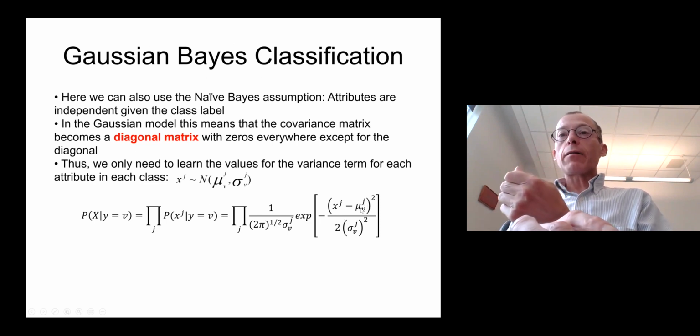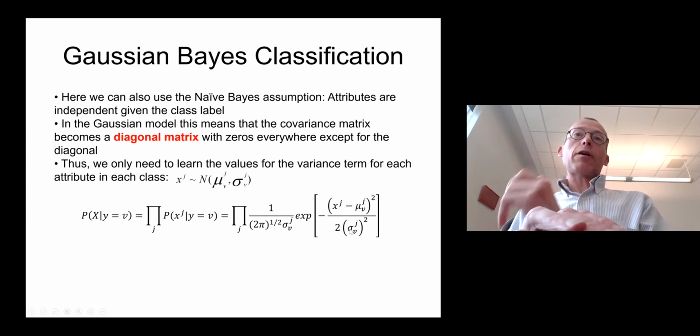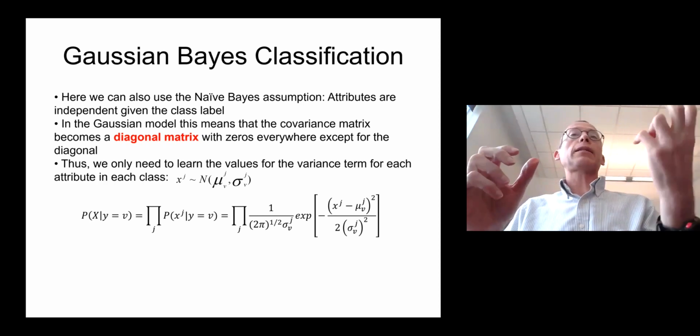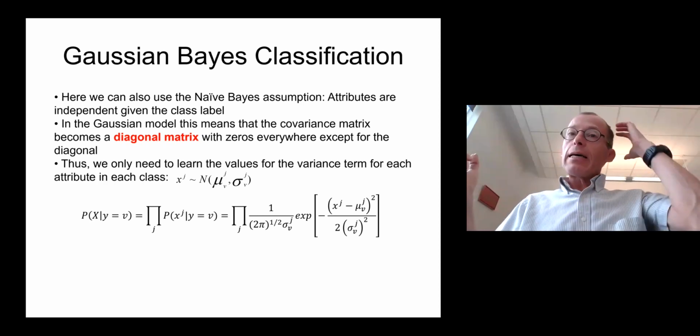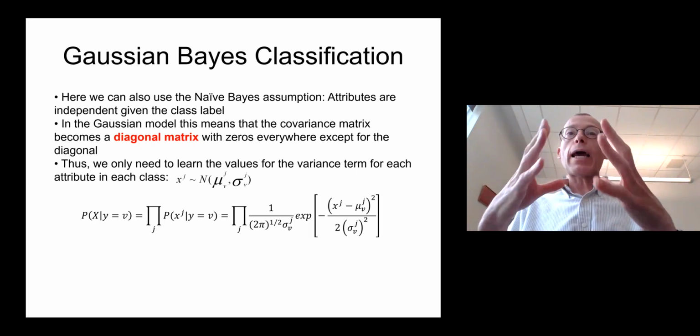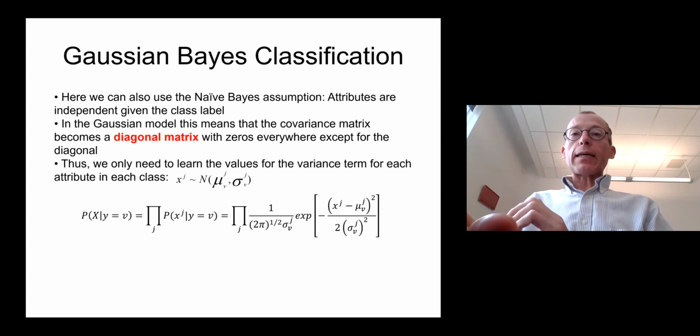So we have a mean for class 1 and a mean for class 2, and a variance for class 1 and a variance for class 2, as we did before with the probabilities. Okay, so now the probability is defined by two values, a mean and a variance, but we are not going to compute a covariance matrix that looks at the relationship.